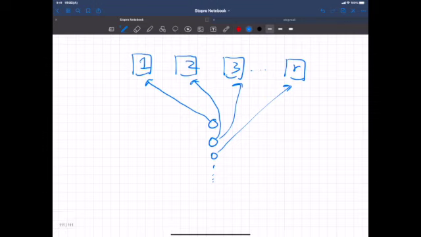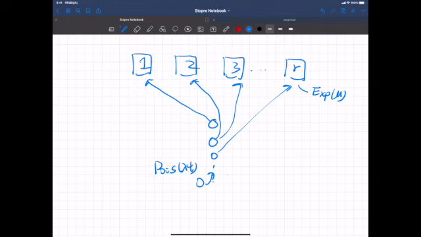So similar to the single server problem, we also consider the service time to follow the exponential distribution with parameter mu, and customers arrive according to the Poisson process with rate lambda t.